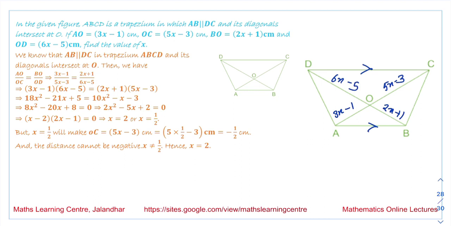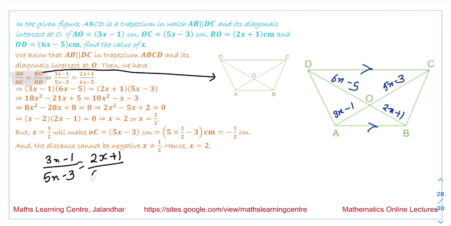Now from the previous question we have proved that AO over OC is equal to BO over OD. So we get 3x minus 1 over 5x minus 3 is equal to 2x plus 1 over 6x minus 5.